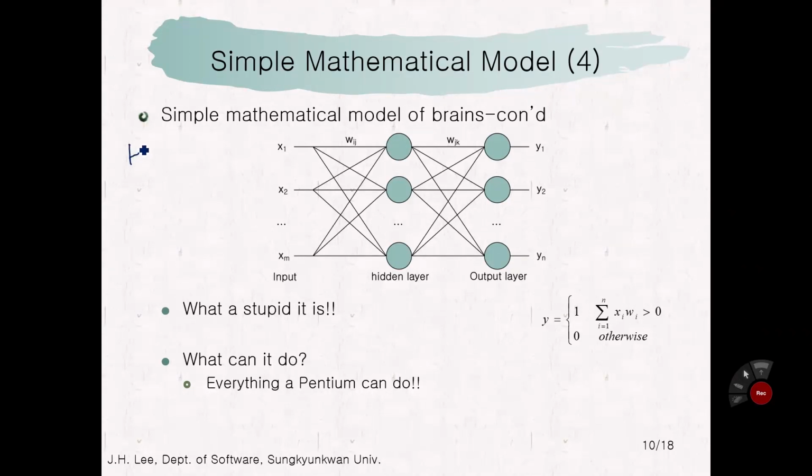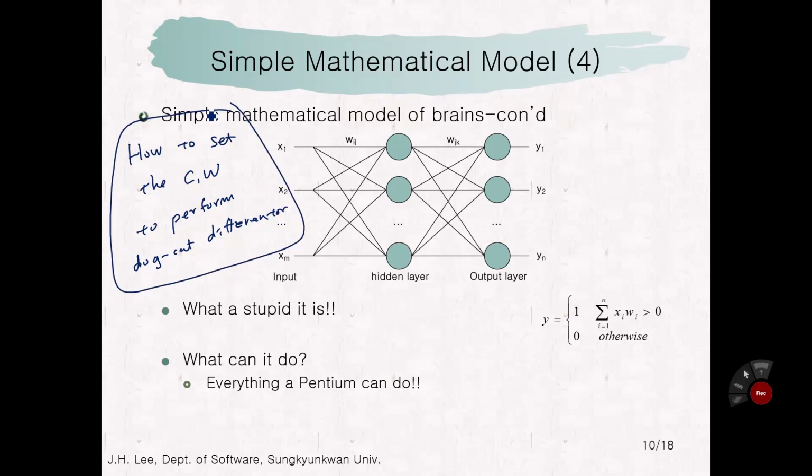How do we set the connection weight to perform as a dog-cat differentiator, right? This is very important.